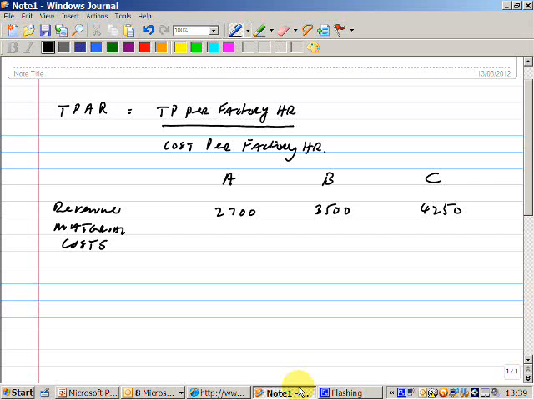So for procedure A, we've got 700 plus 35 plus 5.40, so material costs here are 740.60. For the next one, 845.60. And for the next one, the one that's required, that's 1000 plus 45 plus 5.60, so that's 1050.60.